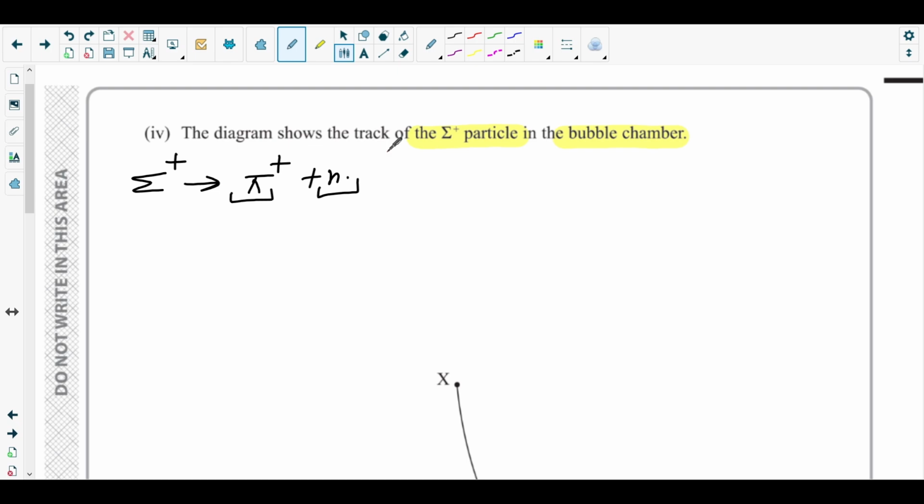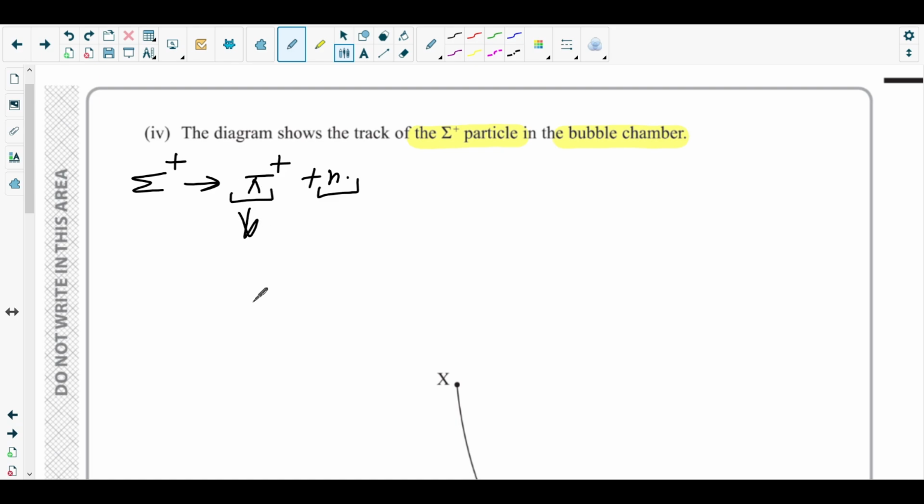Neutron is a chargeless particle, and we know that in a bubble chamber, basically in particle detectors, we don't see the tracks of uncharged particles, right? So that's why there will be no tracks for the neutron. The only track that will be seen will be for the pion plus particle.